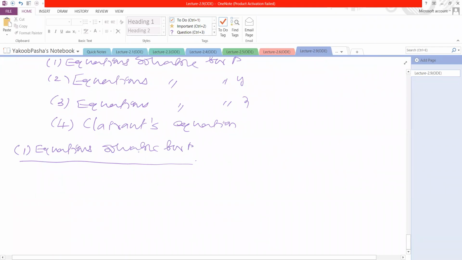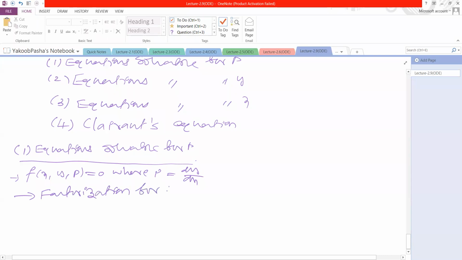The given differential equation is in the form f of x, y, p is equal to 0. Here p is dy by dx. So it may be a polynomial in p. We can factorize in terms of p.